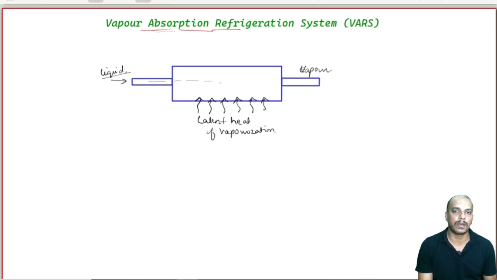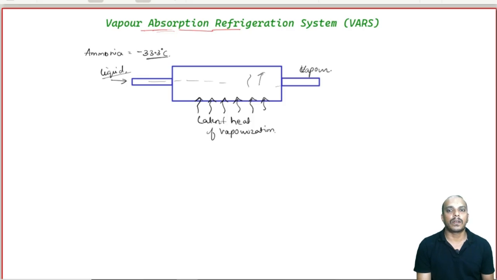So, if this is liquid coming in and it evaporates here, that needs energy that is absorbed from the surrounding. So, the idea of vapor compression refrigeration system was this. For example, if we consider ammonia, the temperature at which it is liquid is minus 33.3 degrees Celsius.